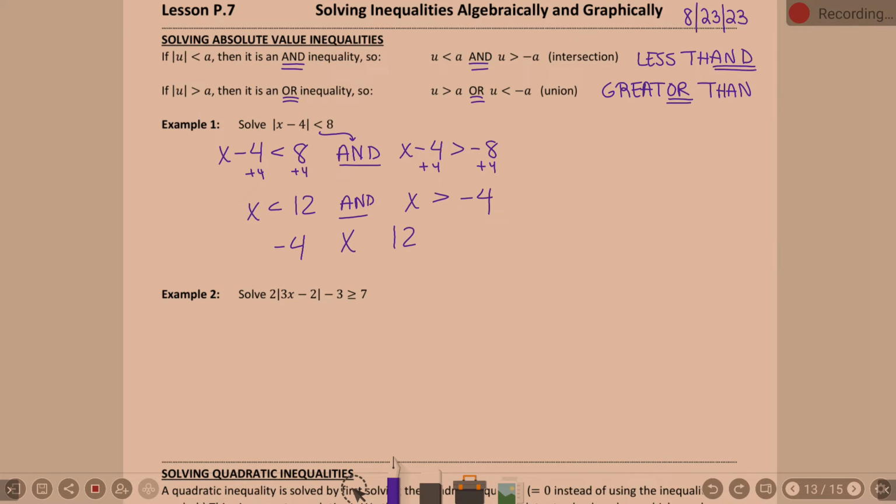If this is done correctly, both signs are less than signs. Check it out: x less than 12. This is x greater than negative 4, but what happens when you flip the x and negative 4? It reads as negative 4 less than x less than 12. There's your answer in terms of inequalities.